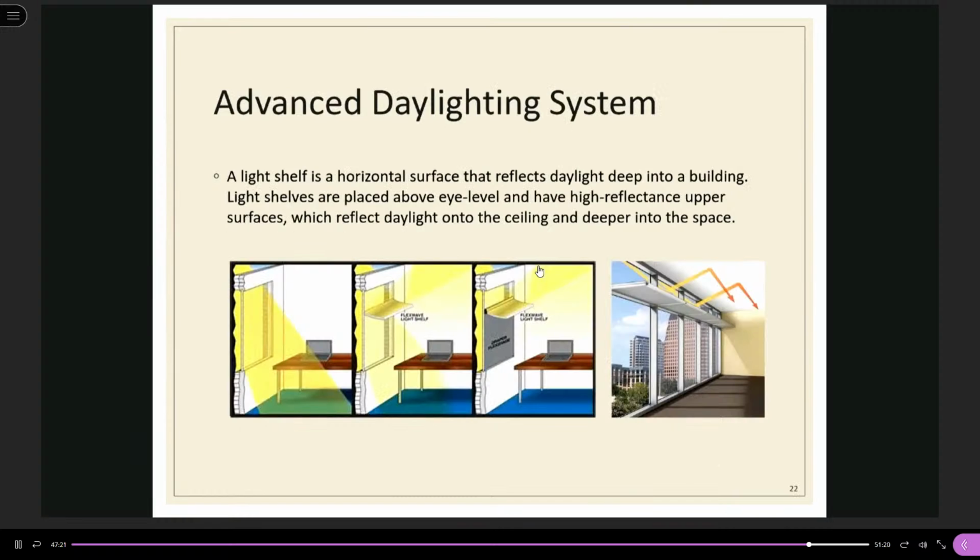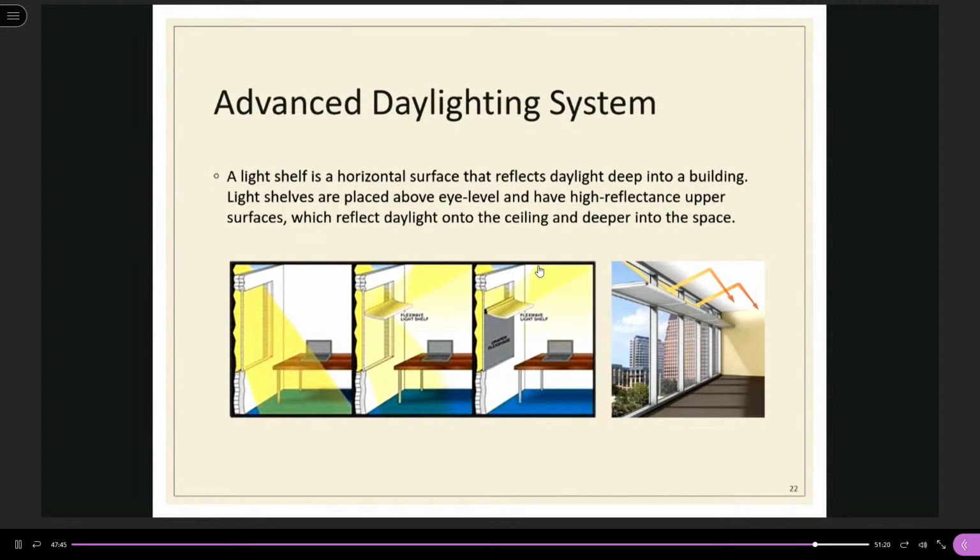Advanced daylighting systems. When we have a window, the area near the window will be very bright. That area will usually have a depth of around 2 times the window height.